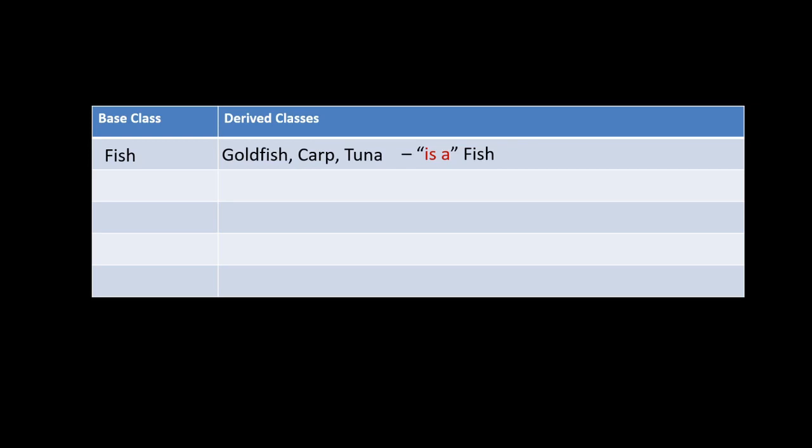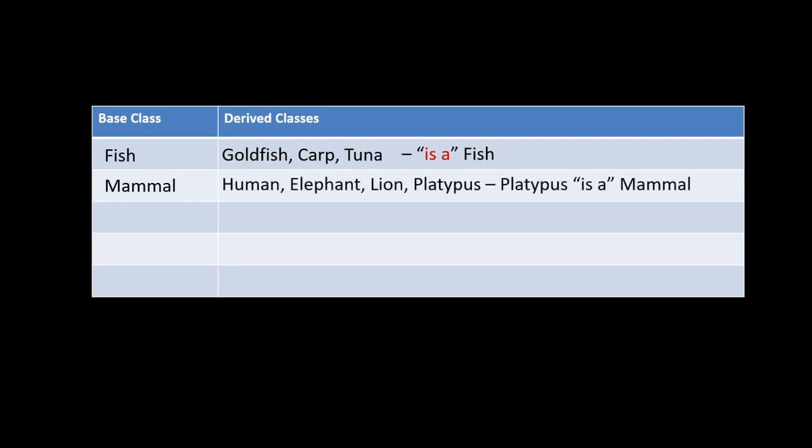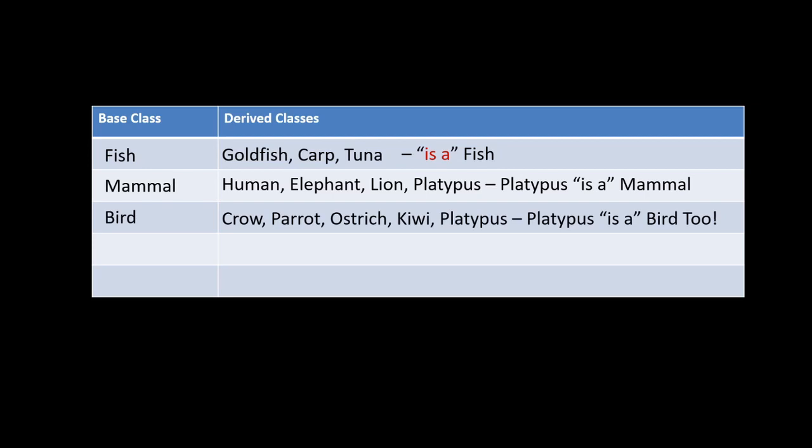So a carp is a fish, a tuna is a fish. If we look at some more examples of base classes, a mammal: human, elephant, lion, platypus. And a platypus is a mammal. And a bird: crow, parrot, ostrich, kiwi, platypus, and a platypus, as it turns out, is a bird too.